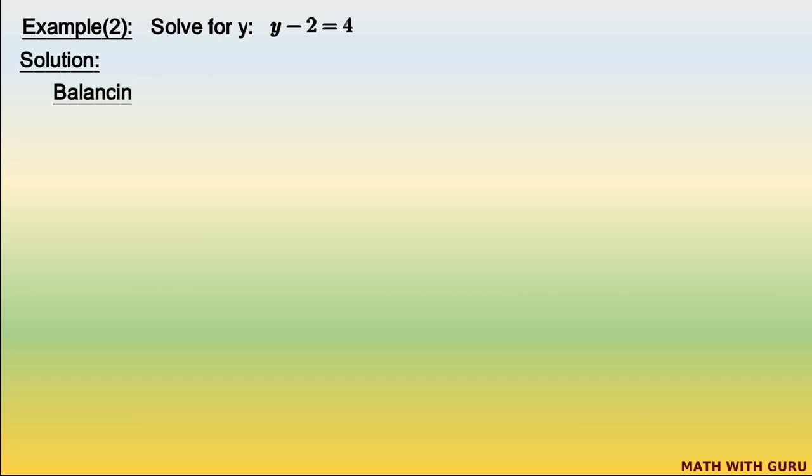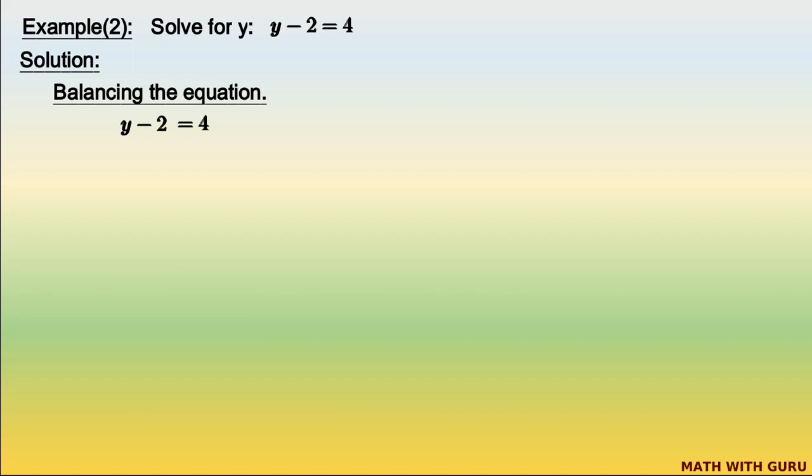Let us take one more example. Example 2. Solve for y. Y minus 2 equals 4. Let us solve this equation using both the methods. Balancing the equation or method of inverse operations. Y minus 2 equals 4.